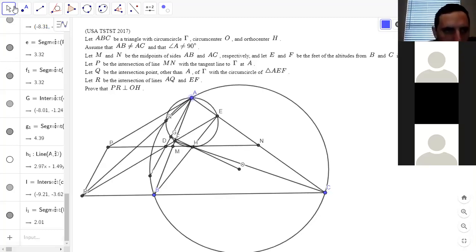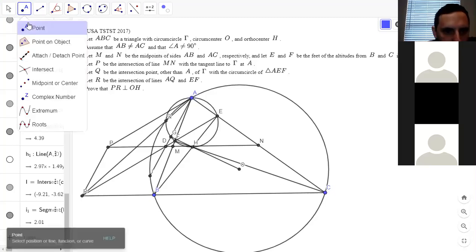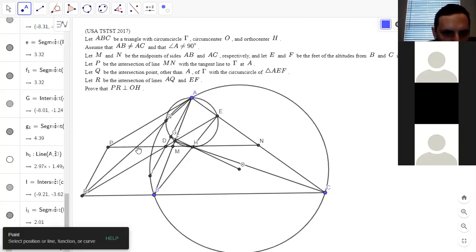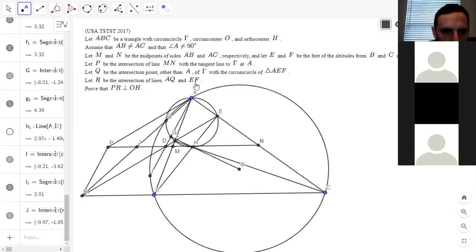I think we can project through A. Okay. Project through A. So project P, J, and D through A onto the circle. Okay. So J goes to Q, P goes to A, and D goes to I. And then we want to draw the parallel.